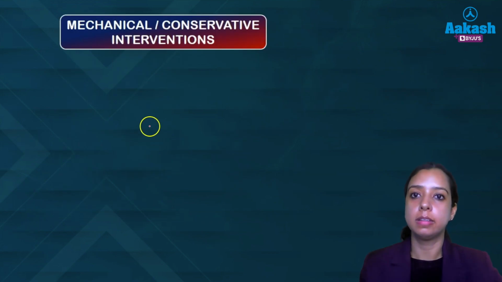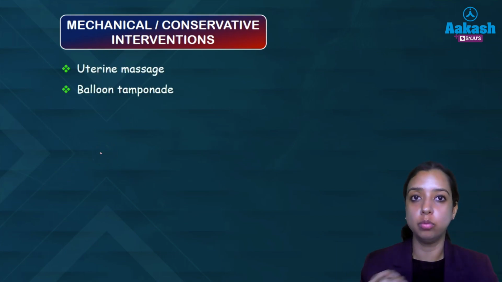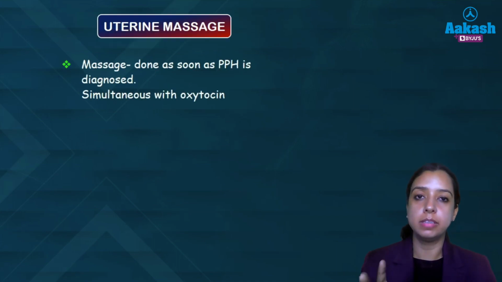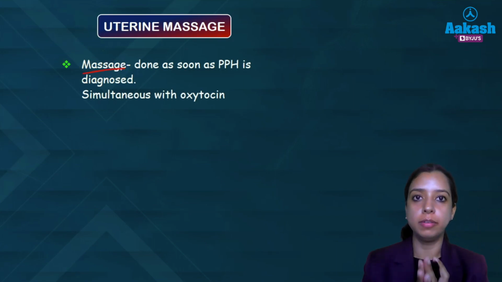Now, suppose your drugs have not worked. Okay, now your drugs have not worked. Now next come the mechanical methods. Mechanical methods are basically 2: uterine massage and balloon tamponade. If we talk about uterine massage, these conservative measures are used when your medical management has not worked. But massage is something, imagine yourself in the labor room, a patient has undergone PPH. Before giving oxytocin, you're standing there, you can easily start the massage.